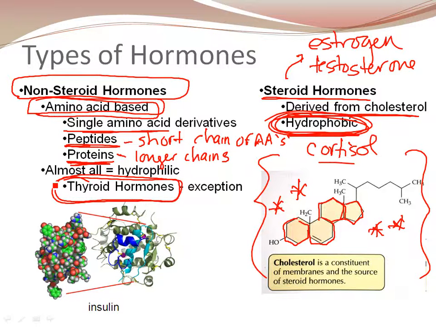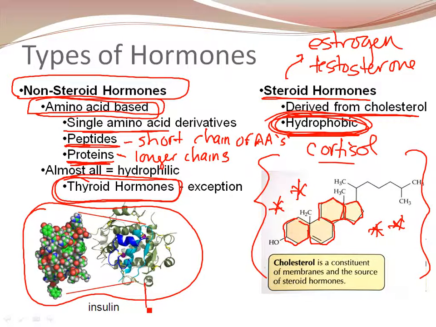Then you have other hormones that are peptides, little short chains of amino acids, and then many are these proteins that are longer chains and have complex three-dimensional shapes. Like you see down here, this is actually the three-dimensional shape of a single molecule of insulin, the hormone that is so critical for our glucose homeostasis, and which you'll be learning about in quite a bit more detail later in this particular unit.